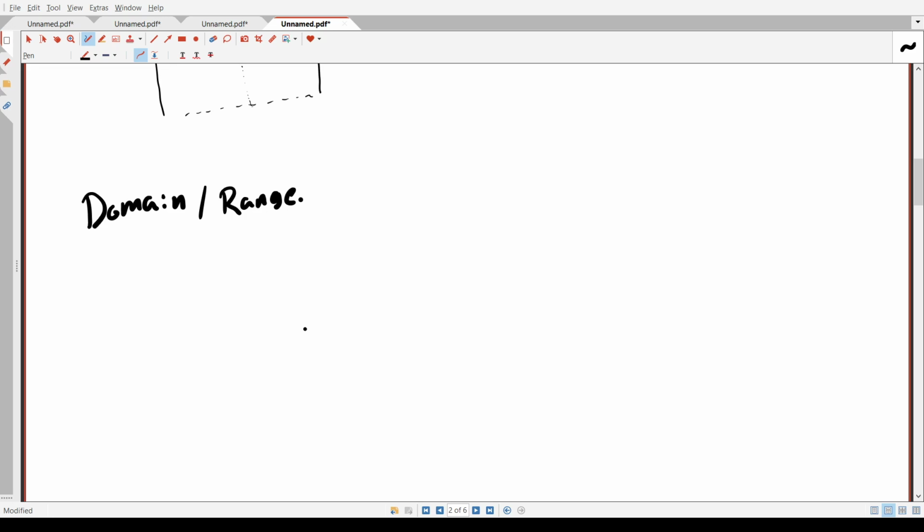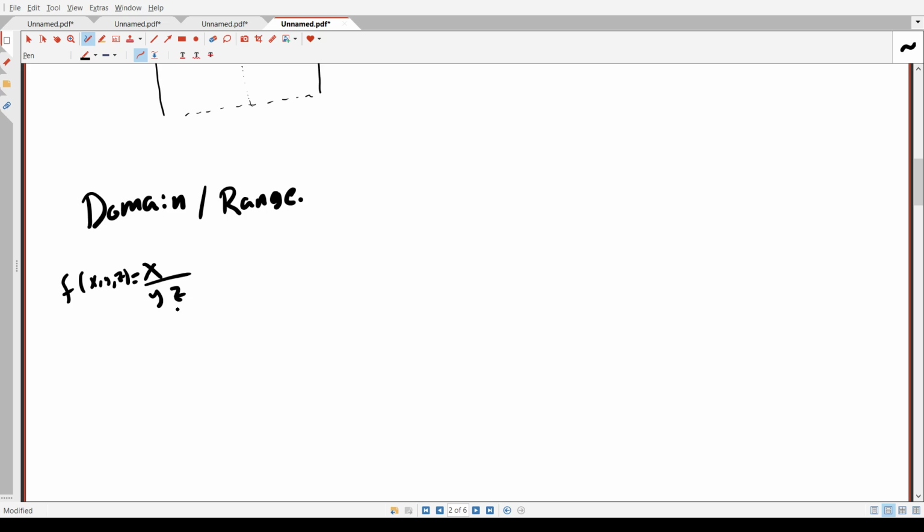Let's do this one, x over yz. So f of x, y, z equals x over y times z. I want to figure out what are the inputs that I'm not allowed to put into this. So I look at when this is undefined.